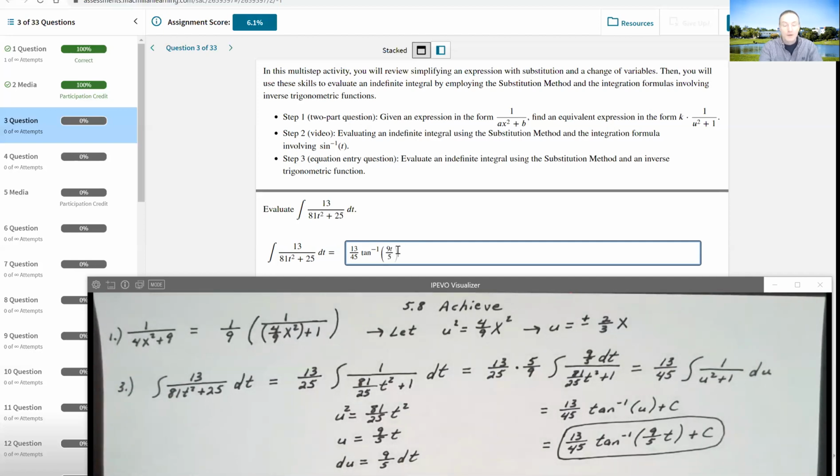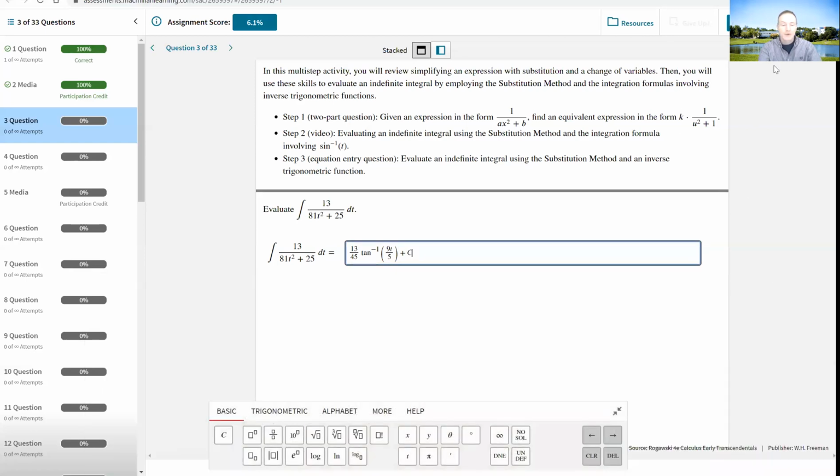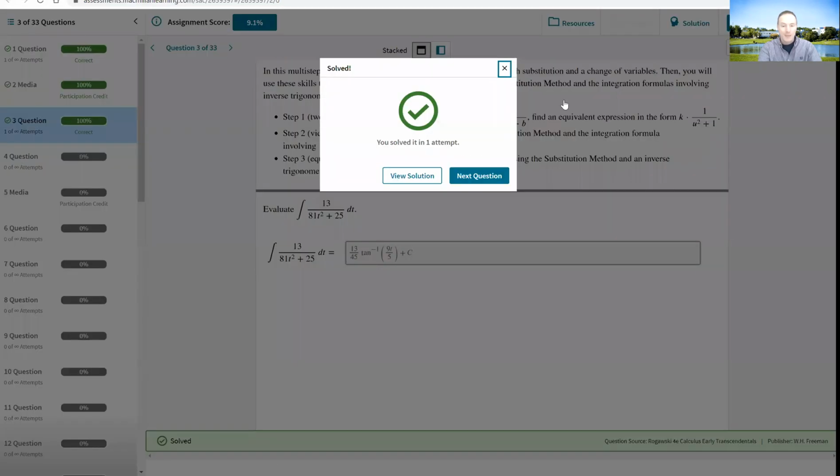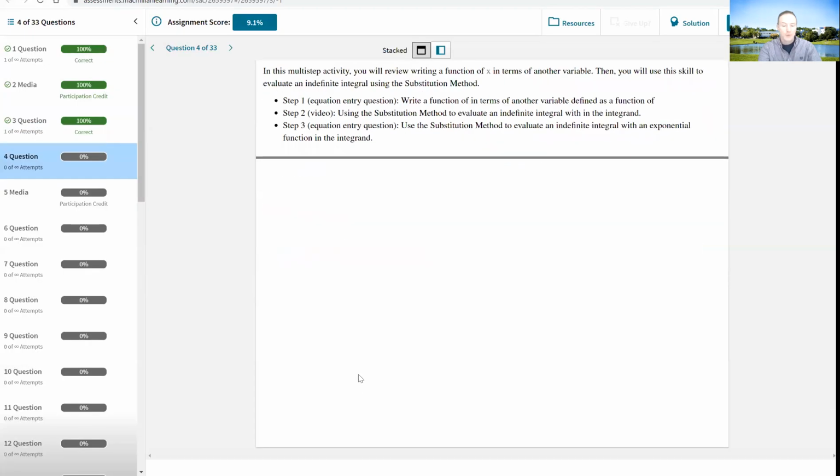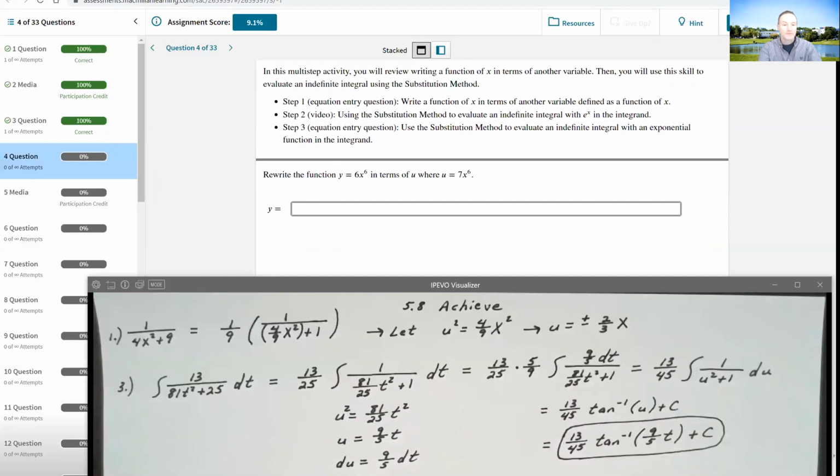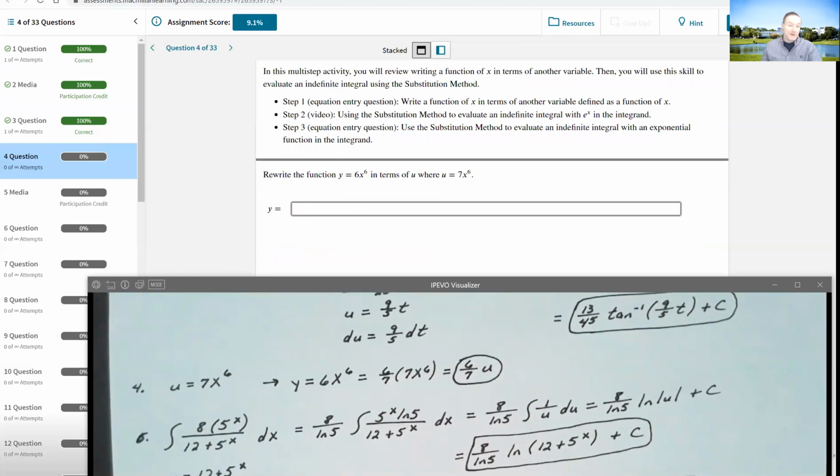And then plus our constant of integration on the outside of the group should be exactly what they want. So I'll go on up here and check this answer. And it likes it.